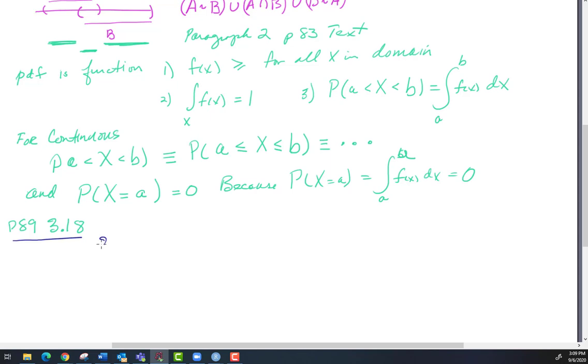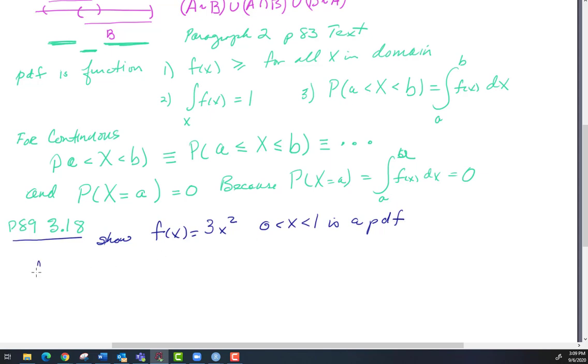We want to show that f of x equal 3x squared, 0 less than x less than 1, is a probability density function.